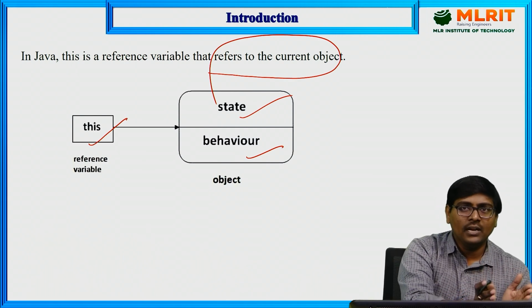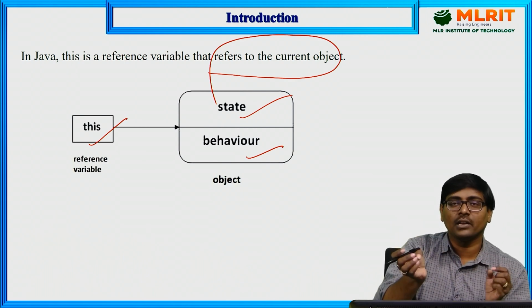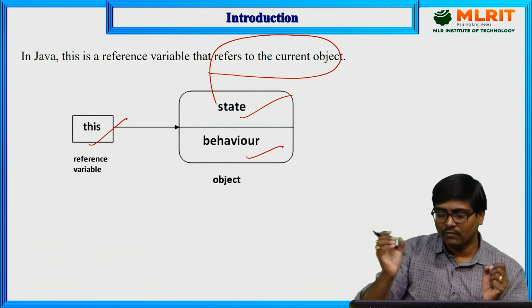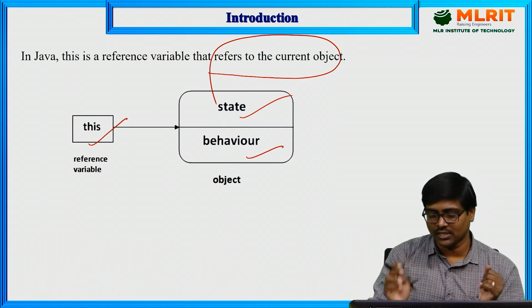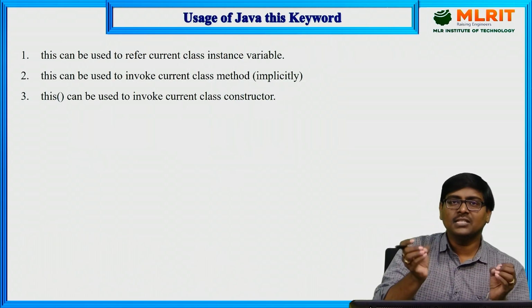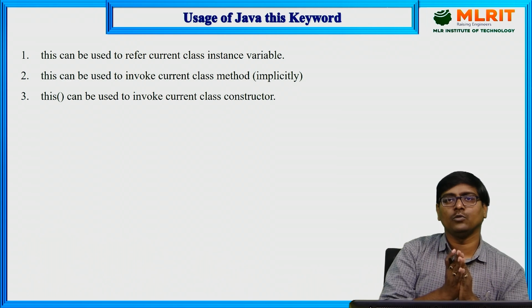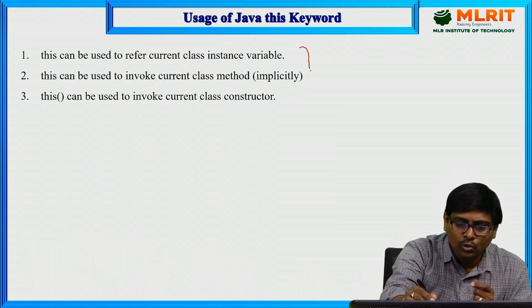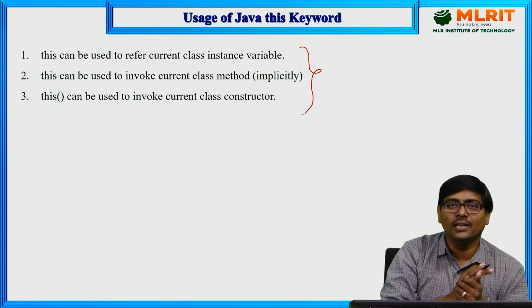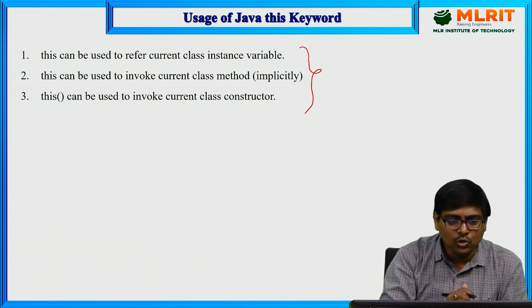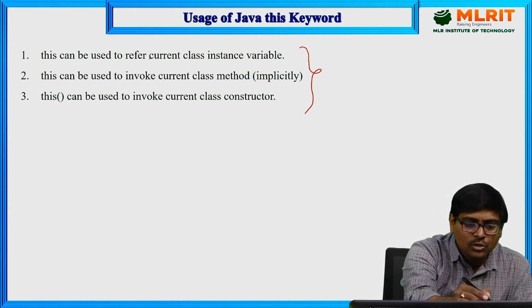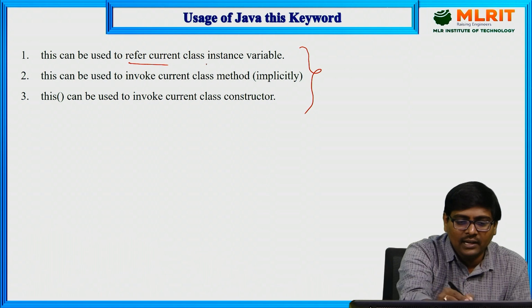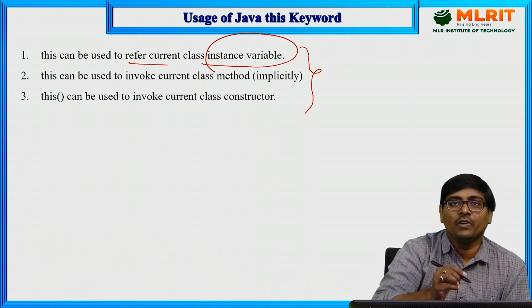To understand this reference to the current object, we are going through some of the uses of this. Anyway, this has multiple uses. As a basic Java programmer, first you need to understand these three uses. The first one: this is used to refer to the current class instance variable.